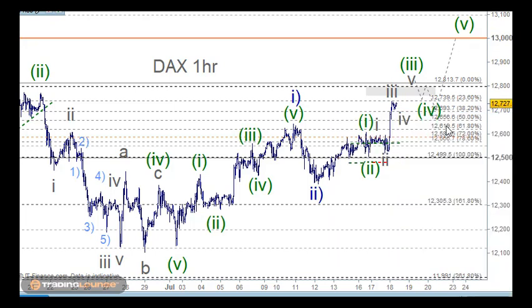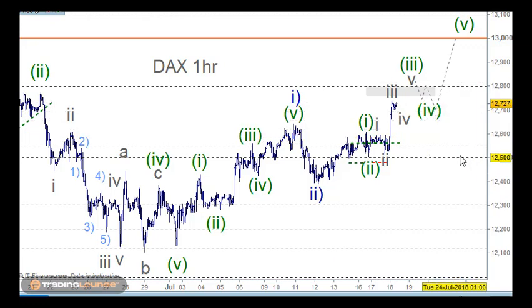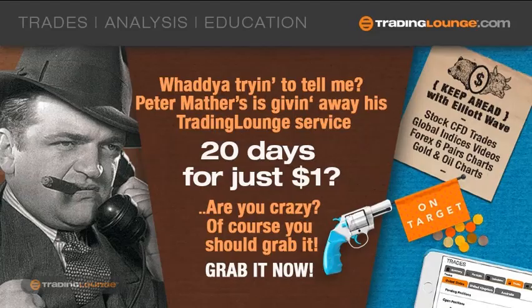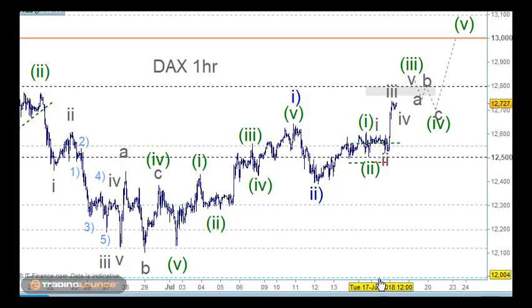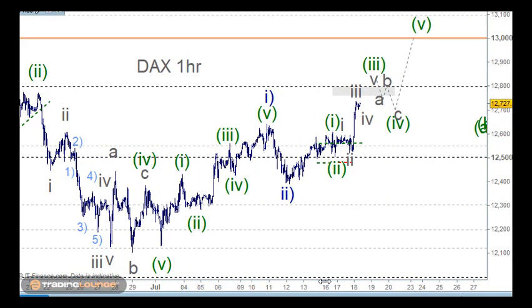Once we've got that high in there, we can look at that, but basically we'll be looking at a little A wave in here, B wave in here, and C wave in here. Something like that for that move.